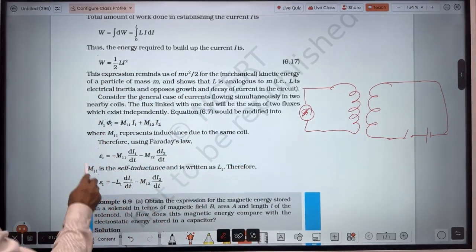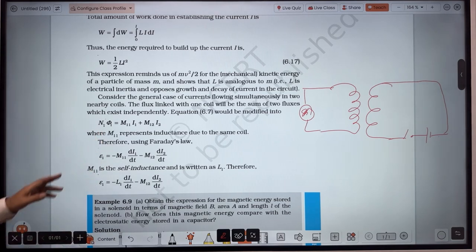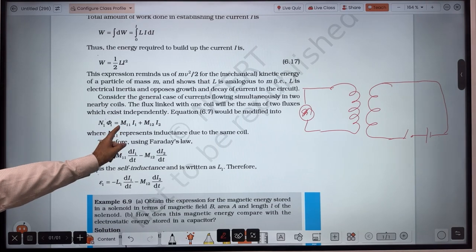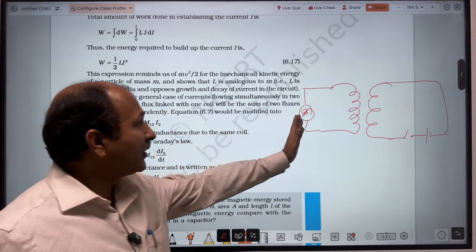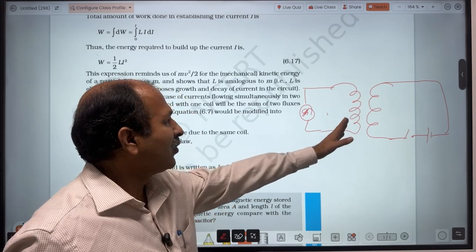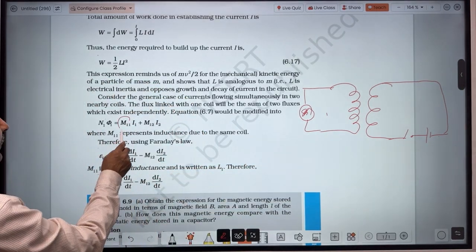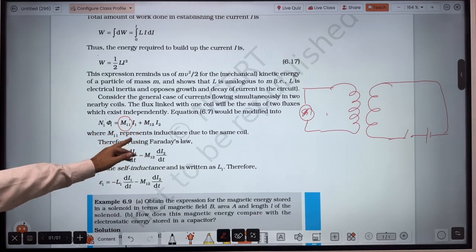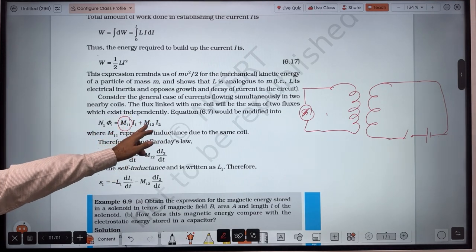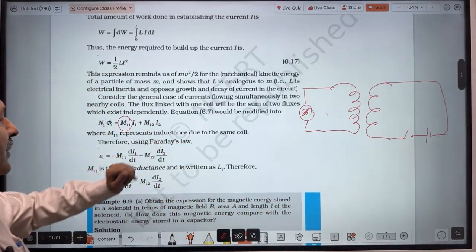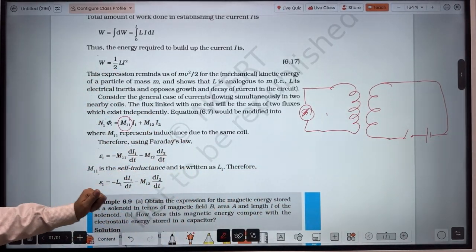So the expression will be like this: N1 phi 1, the total flux, equal to M11 I1. M11 means when current is flowing in this and there is a change in flux, right? So for the same coil, later on M11 will be written as L, or L of the first coil, then I1 plus M12, here this is the mutual inductance of the two, and I2 current. The same thing is given here.